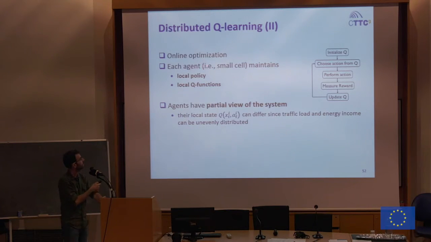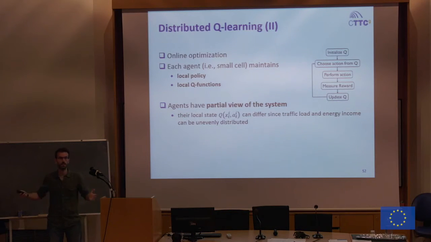What I have in this case is online optimization, since each agent in distributed Q-learning learns independently. We have a local behavior or local policy, and local Q tables or Q functions, as introduced this morning by Lorenzo. The problem is that each agent has only a partial view of the system.